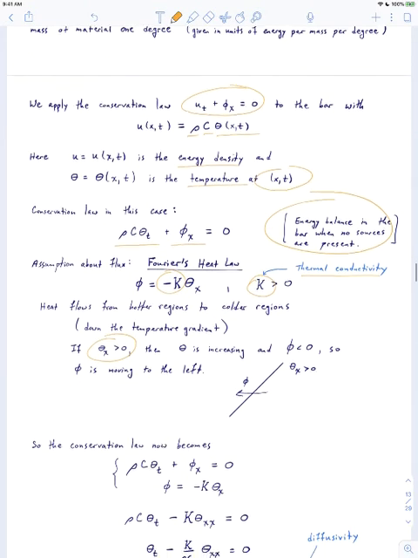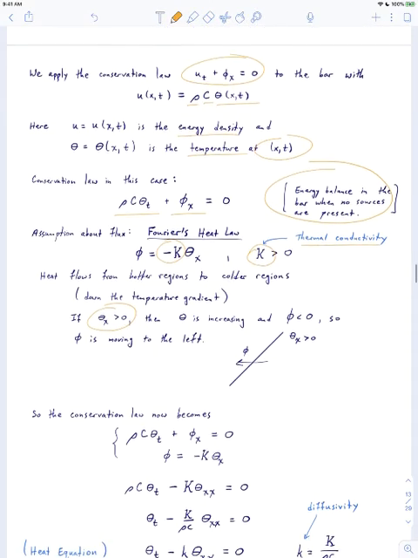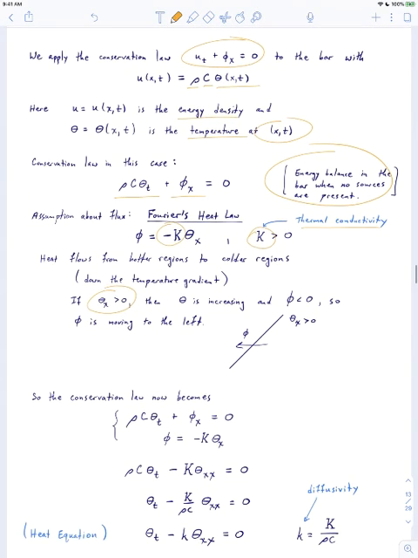So the conservation law now becomes, with this additional information from Fourier's heat law, what we have here. So we have ρ times c. Remember, ρ is the constant density, c is the specific heat, and theta is our temperature.